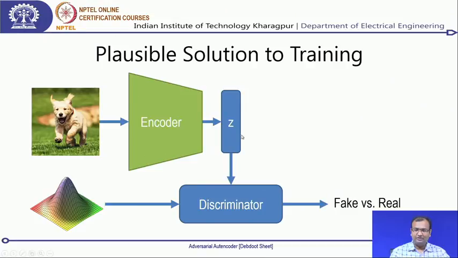The very simple way of doing it is that when calculating the discriminator's error, you negate it: you make all the reals fake and all the fakes real. Then the encoder is necessarily enforcing that this z should look like the Gaussian sample.